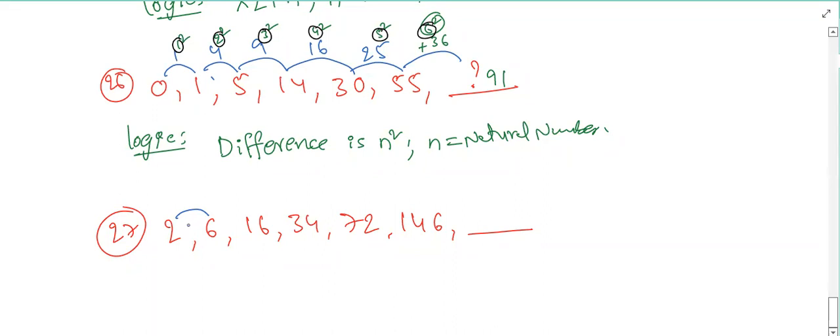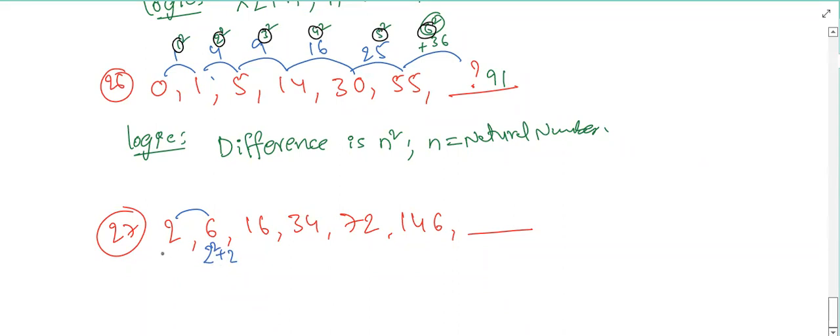Sir, 2 square. 2 square becomes already 4, right? Plus 2. This number 6 is 2 square plus 2. 2 square is 4, plus 2 is 6.